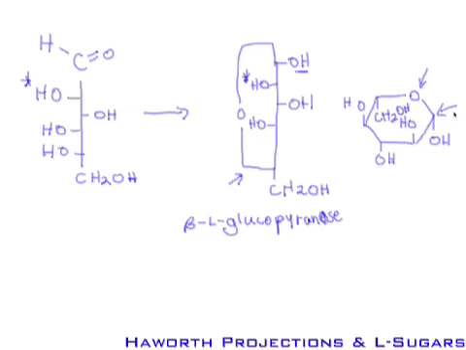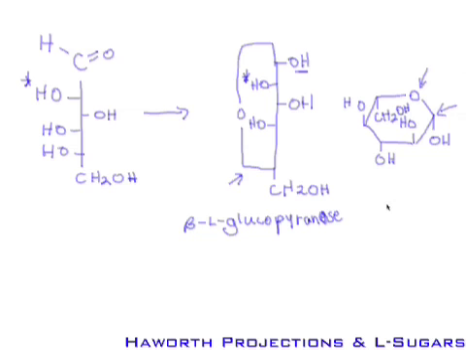Now, having established the drawing of Haworths, we can now use this and generate the chair conformer. And chair conformers can be tricky.